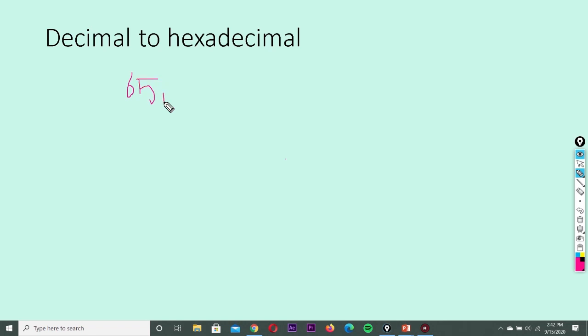We want to find out the hexadecimal equivalent of the given decimal number. So what is the hexadecimal equivalent of the given decimal 65? We want to divide the number by the base of hexadecimal number. You know the base of hexadecimal number is 16.